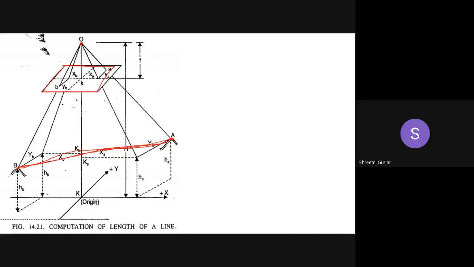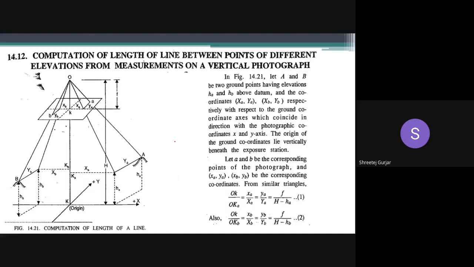So what we are going to learn here is how to compute the length of a line between points of different elevation, from measurements on a vertical photograph. Here you can see this particular thing is a vertical photograph. You can see the plumb line and the camera axis are coinciding, they are the same. So this is a vertical photograph. Important thing, vertical photograph. Then we are computing the length of a line between two points.